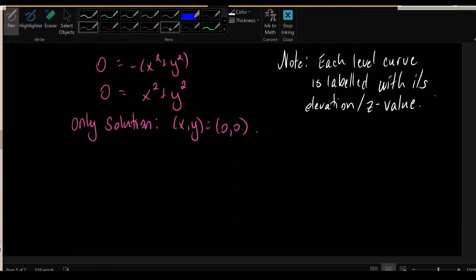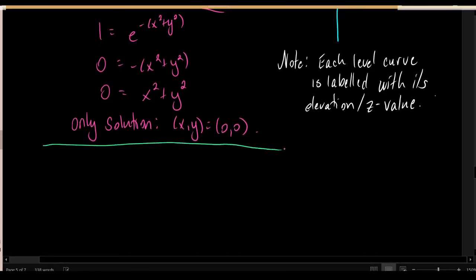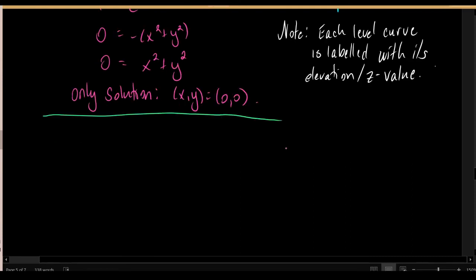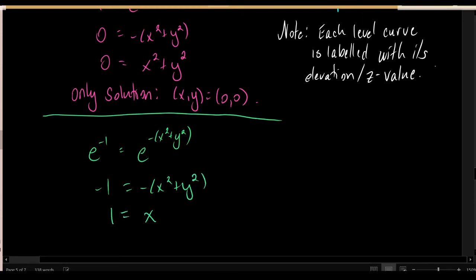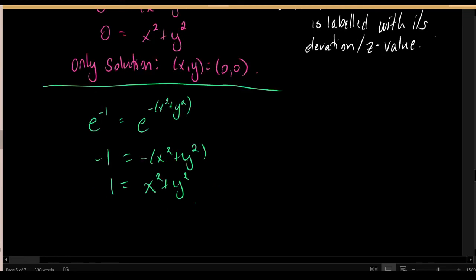And a reciprocal like that is equivalent to an exponent of minus 1. So if I cancel the e's, for example, using a natural log, and I cancel the minus signs, then I'm left with x squared plus y squared equals positive 1.